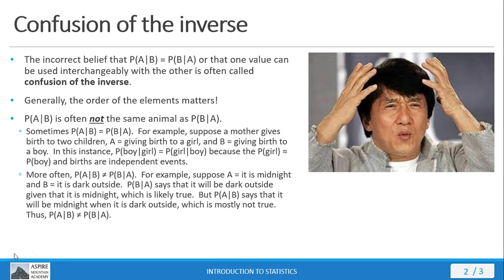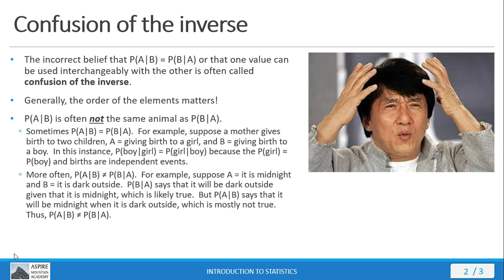But the probability that it's going to be midnight when it's dark outside is, for the most part, not true. So, for the most part, you're going to see that the probability of A given B will give you a different number than the probability of B given A. Now, this is what we mean when we say confusion of the inverse. So you have to remember that the order of your elements matters.